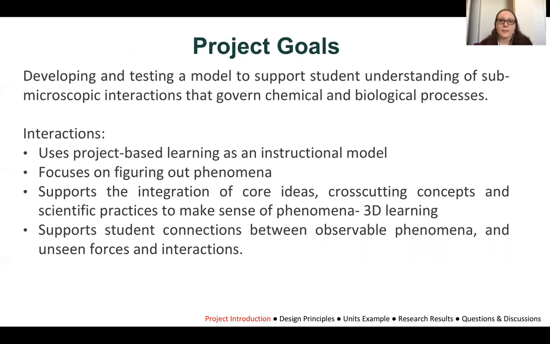So they cause the things that we can see. There was some early research out of Michigan State University that showed that students who weren't doing well in undergraduate chemistry, even if they'd had AP chemistry or honors chemistry before, this was one thing that they really struggled with, is making the connection between things that they cannot see and things that they can see.